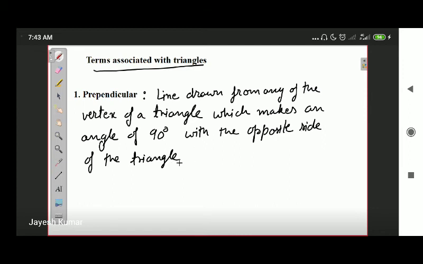This is called a perpendicular of a triangle. Let us understand it by drawing a figure.